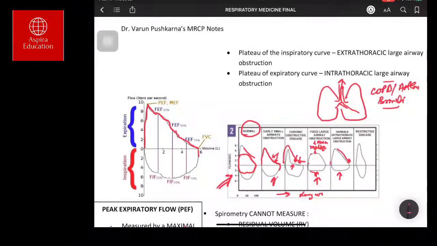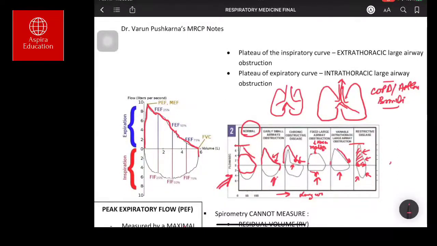Now, if the lung volumes have decreased, like in restrictive lung disease, let us say the volume is this much. So the flows will still be maintained at the same level, but the volume will decrease. So this speaks to the lung volume having decreased. The lung is keen to get emptied and the lung is resistant to being filled.